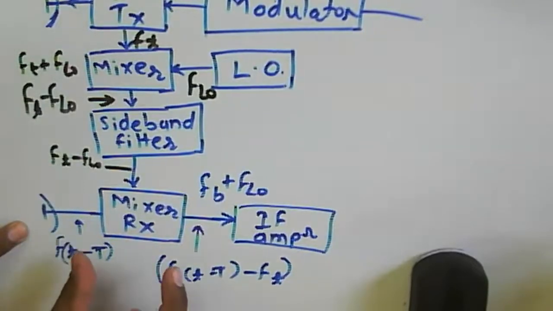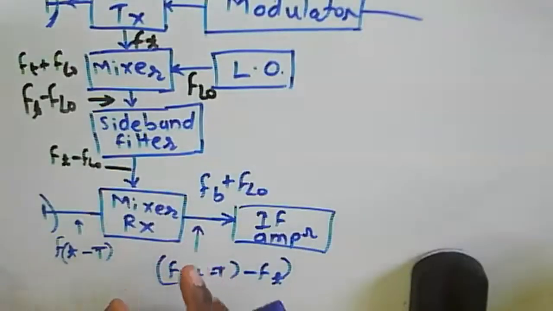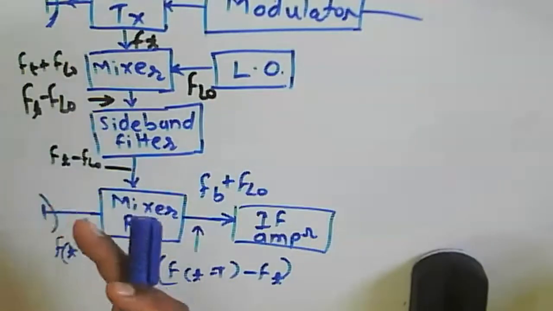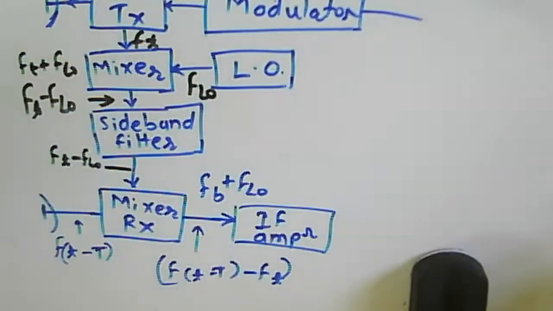So it has a frequency signal, that is a Doppler shift, as well as a range signal. So at this moment that signal has a range frequency as well as a Doppler frequency.